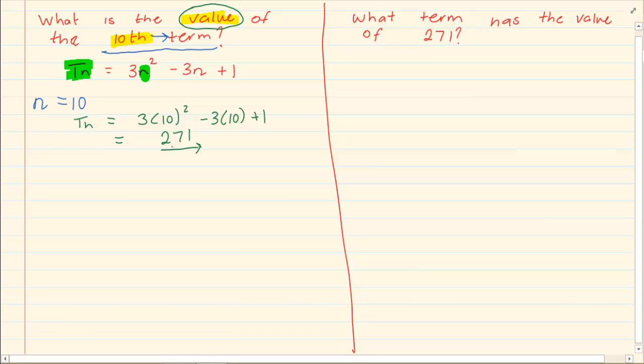Now look how they can change the question. Now they're asking you what term has the value of 271. So what are they giving us now? We know that the formula is Tn is equal to 3n squared minus 3n plus 1. Now they are telling us that the term value is equal to 271. So we have 271 is equal to 3n squared minus 3n plus 1.